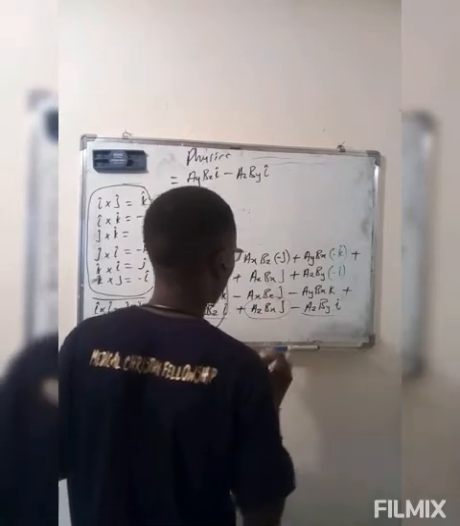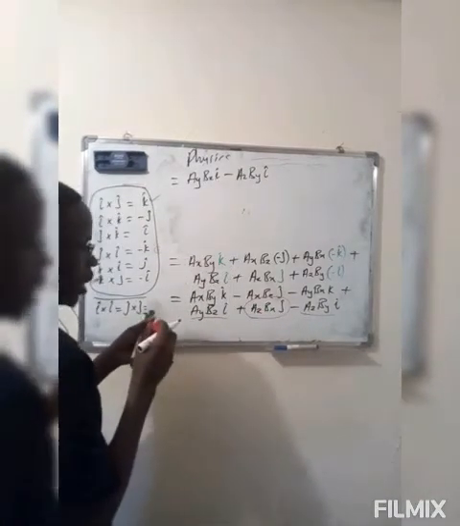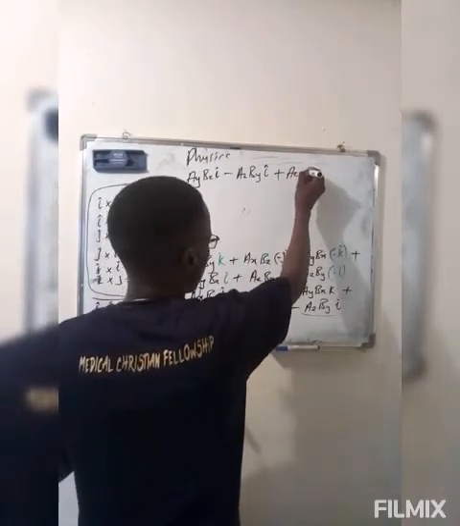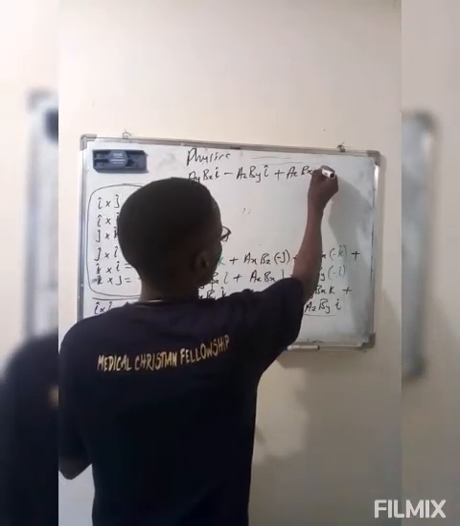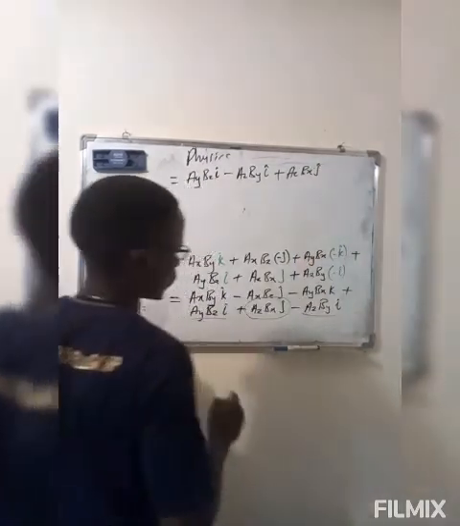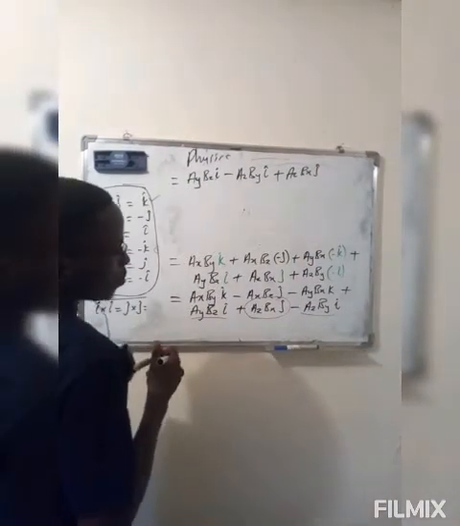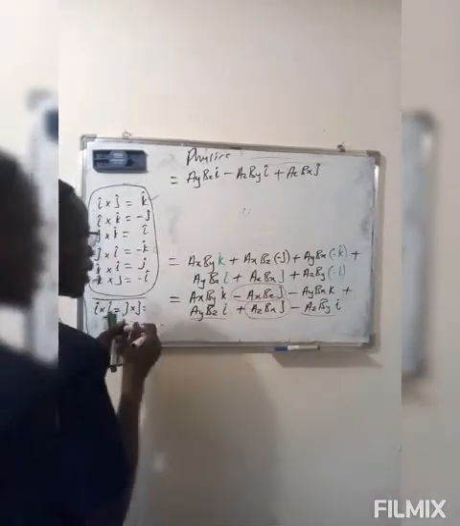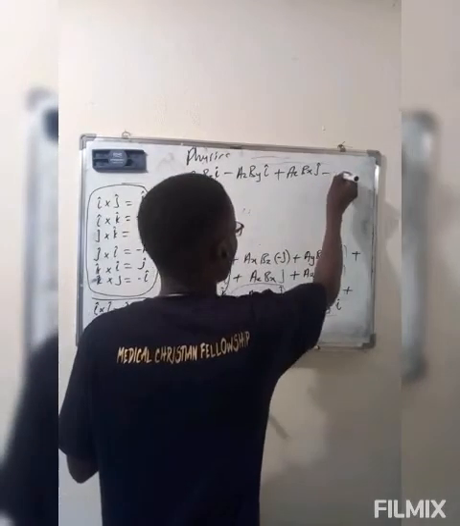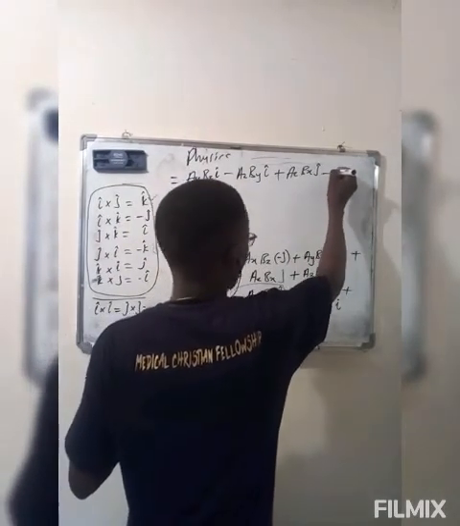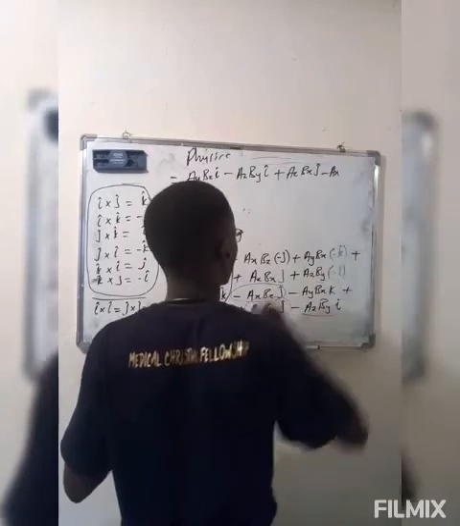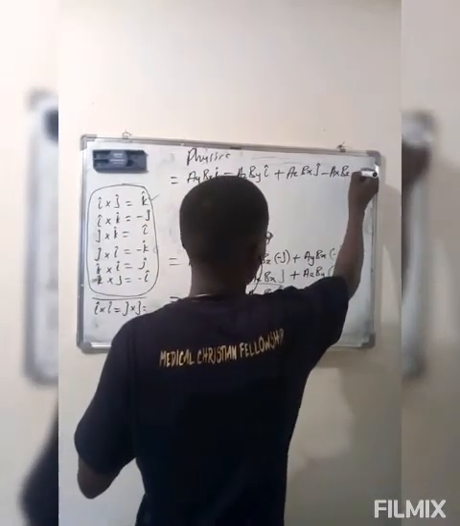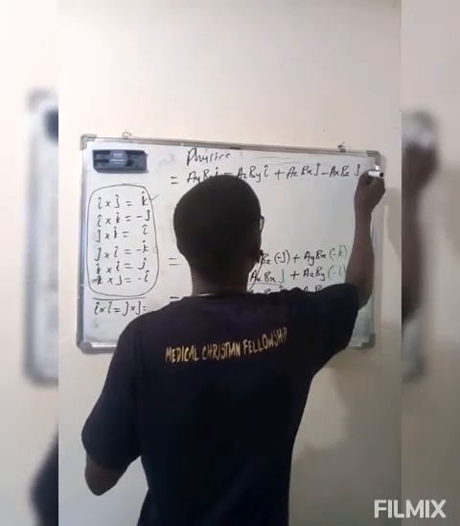That one is J and it's positive, so we're going to say plus AZ BX J. Okay, and then the next one with J is this one, together with its sign which is negative, we're going to say minus AX BZ J.